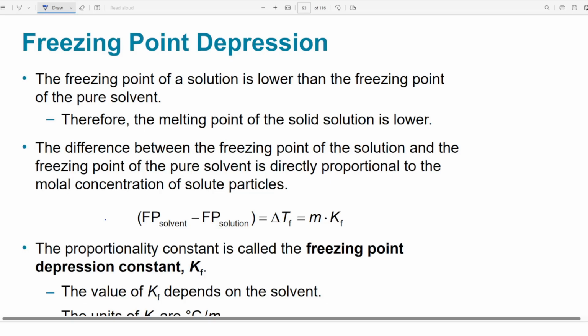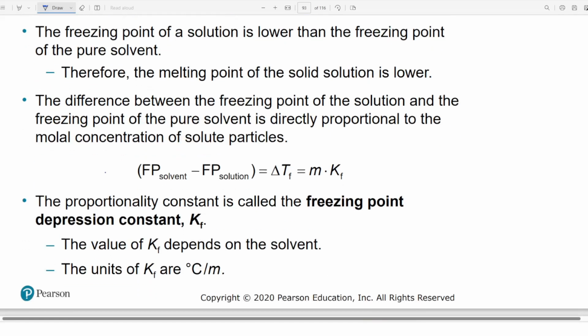And this can be calculated as the molal concentration times K sub F. And this freezing point depression constant K sub F depends on the solvent. And we saw a chart earlier listing those freezing point depression constants. The units of K sub F are degrees C per mole.